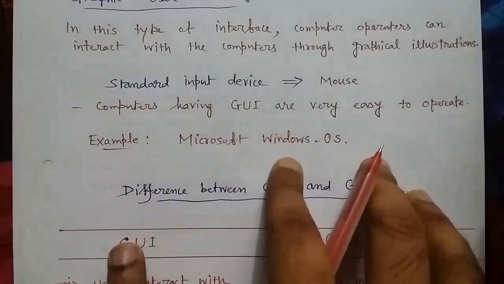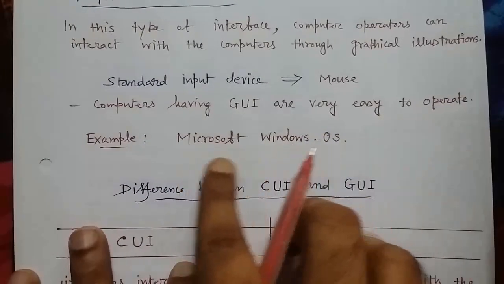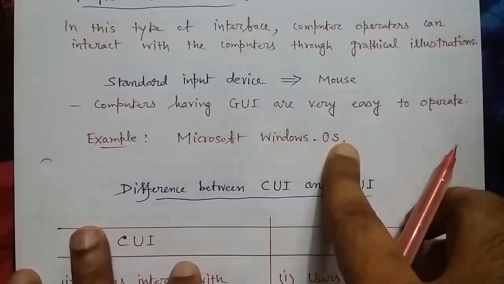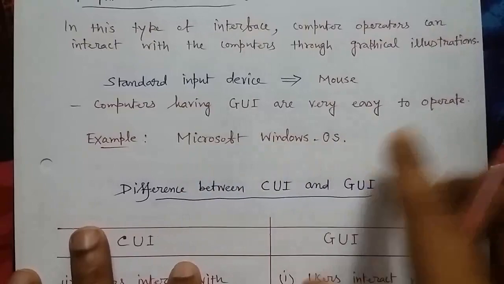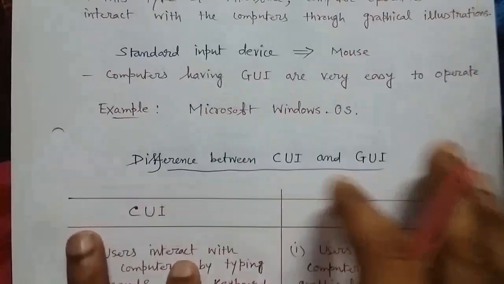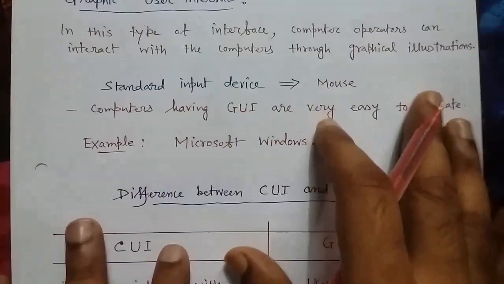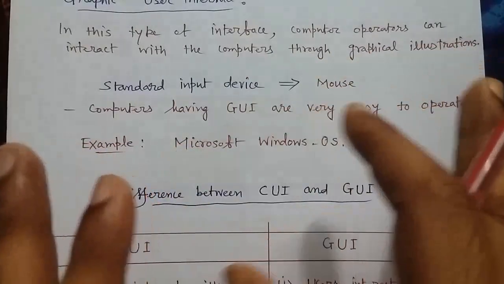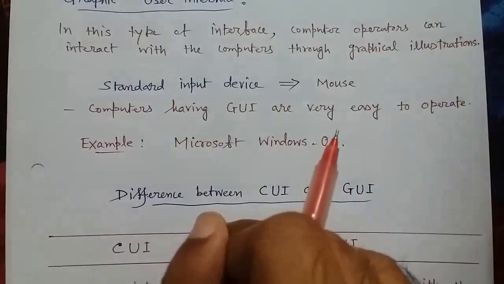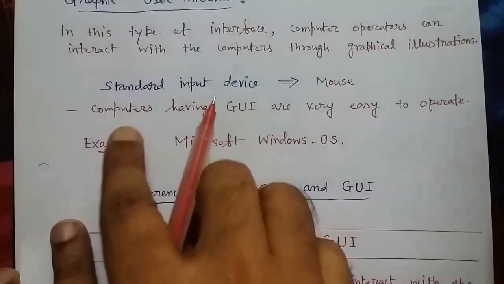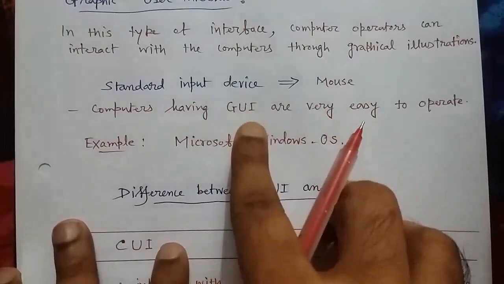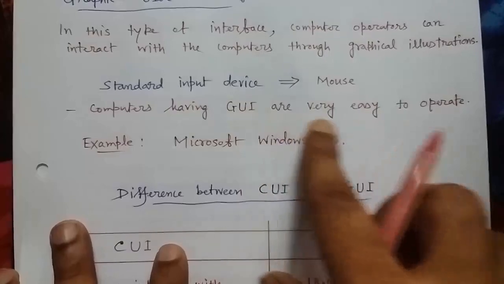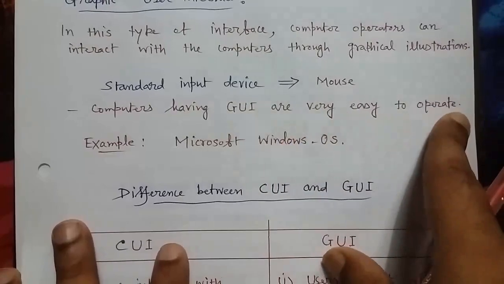One example of graphic user interface is the Microsoft Windows operating system. And another thing, as the users can interact with the computers through graphical illustrations, computers having graphic user interface are very easy to operate.